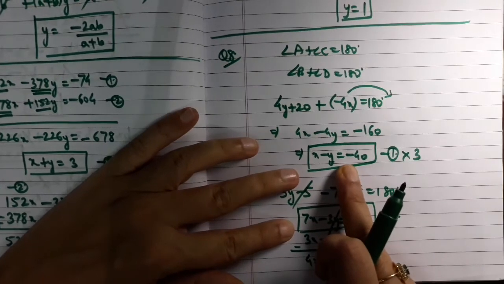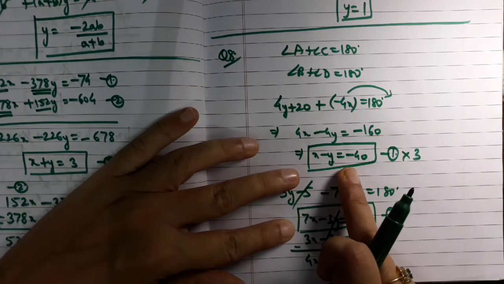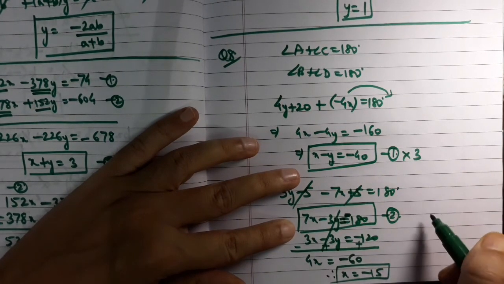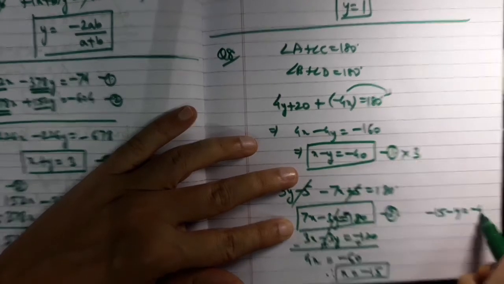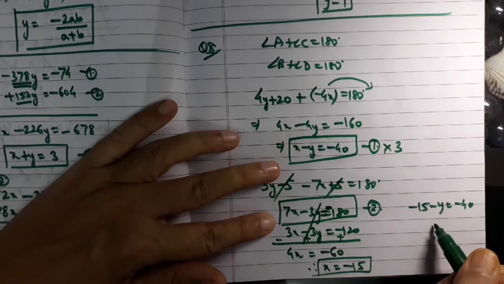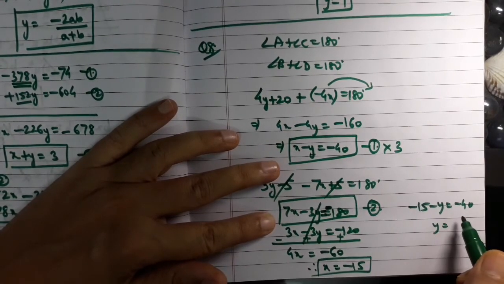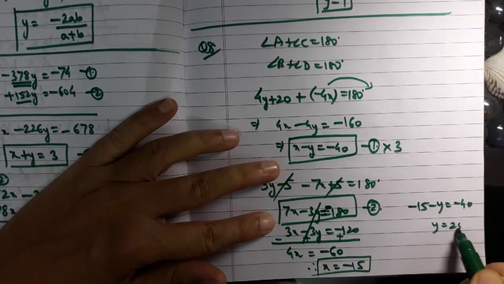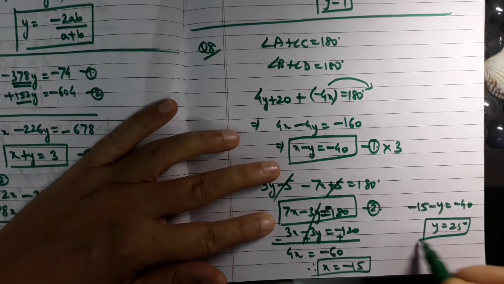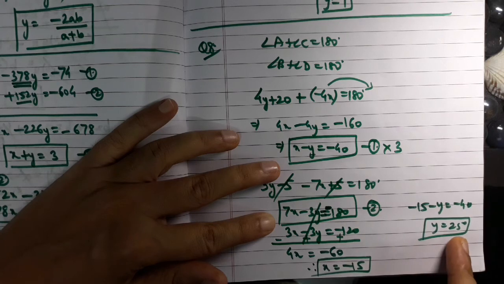Suppose I substitute it in equation number 1. So we obtain minus 15 minus y is equal to minus 40. So y comes out to be 40 minus 15, that is 25 degrees.